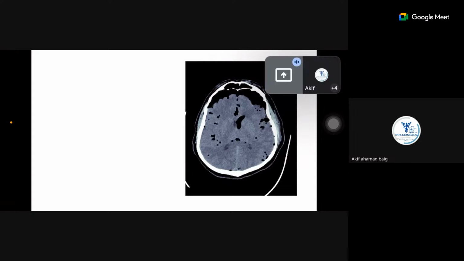And what is this? This is pneumocephalus, very good. And what sign is this called? I'll give you a clue. It's a very active volcano in Japan. Mount Fuji sign.